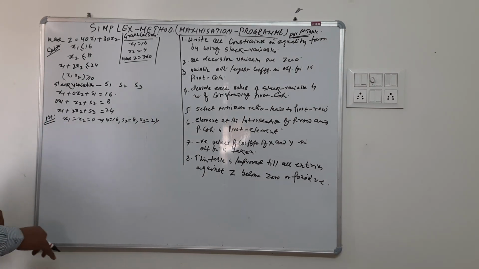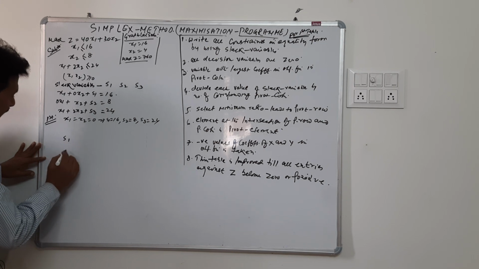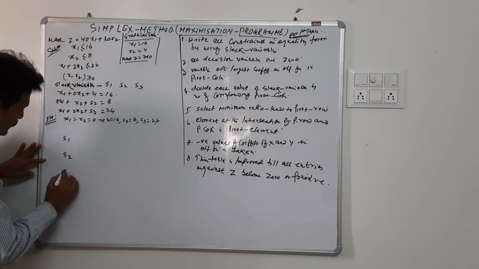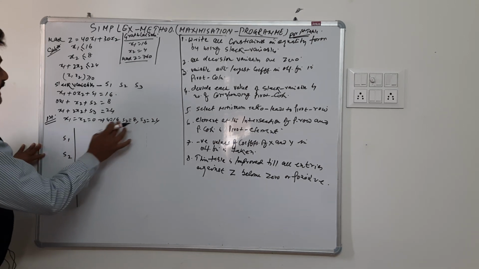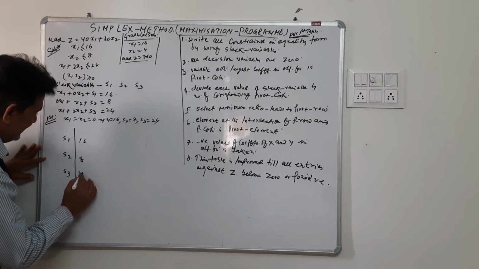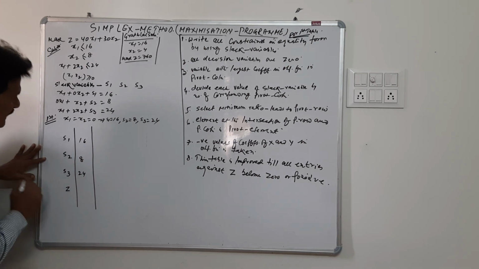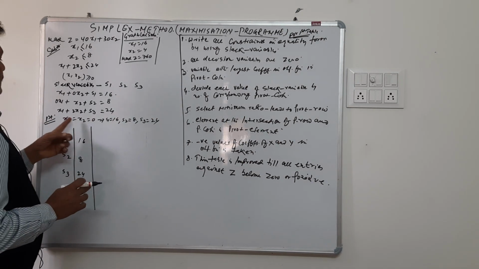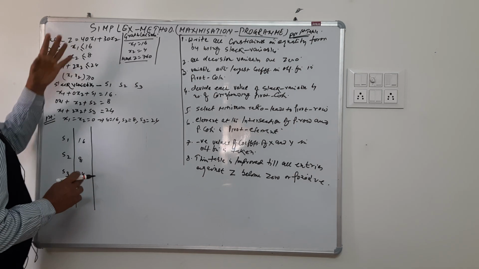Now this needs to be arranged in a tabular form: S1, S2, S3, and these 3 values, 16, 8, 24. Now if x1 and x2 have been made 0, then z becomes 0.